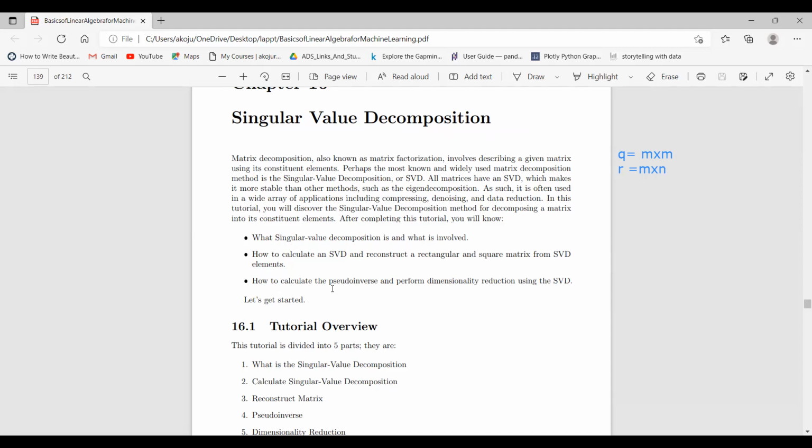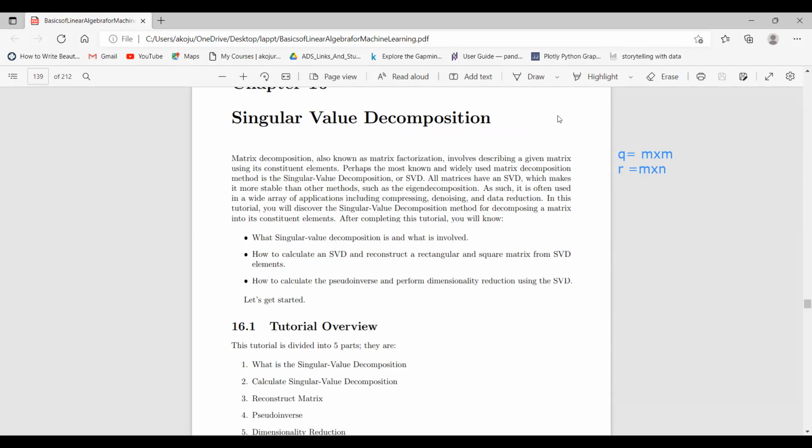If you have a large data set and you know the correlation between each column, then based on the correlation values, if they are like 0 or 0.2 or 0.3, we can remove those columns and form a new matrix. If m by n is the order of the original matrix, then we can go for another matrix with a lower order, m by n with n lesser than m.